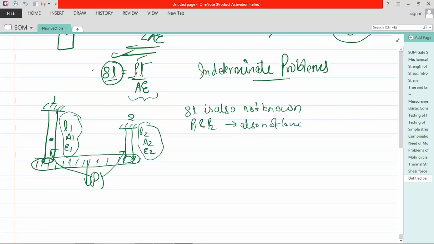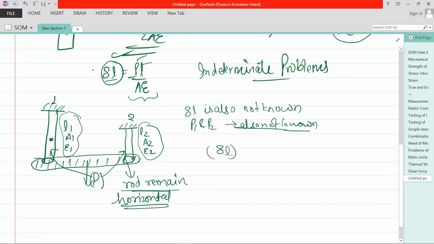But if you look at the question, a condition is that this rod remains horizontal. What is the meaning of this? It means that the elongation in one should be equal to the elongation in two. This is called the compatibility condition.